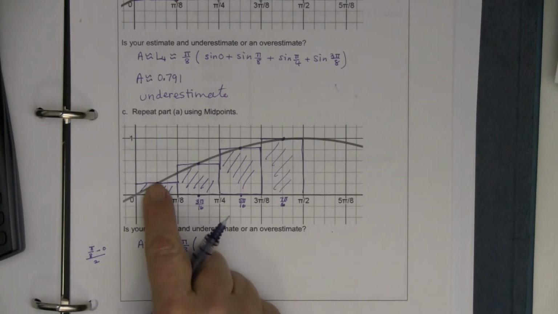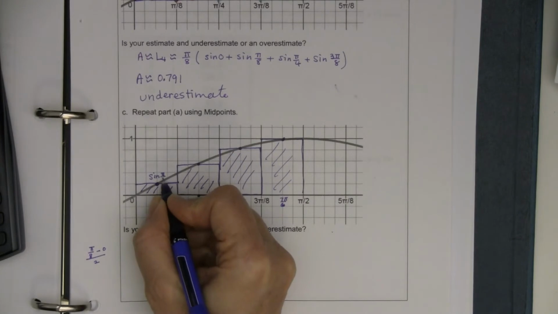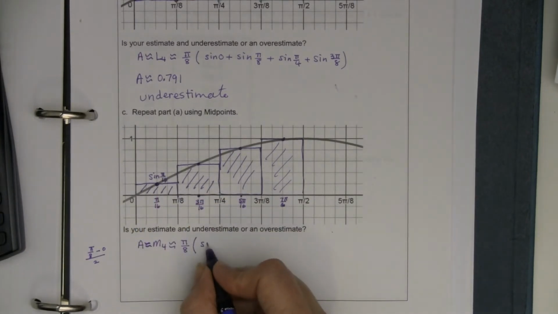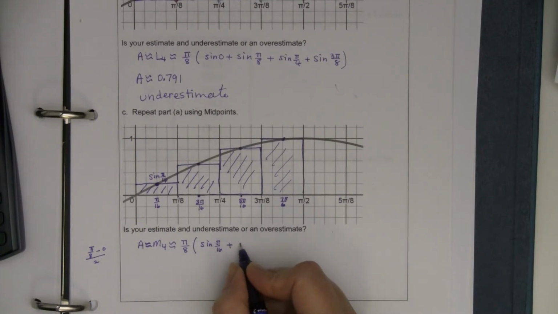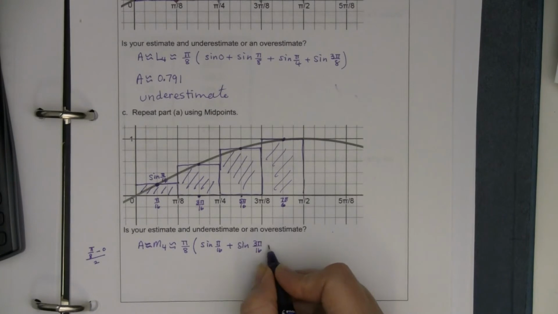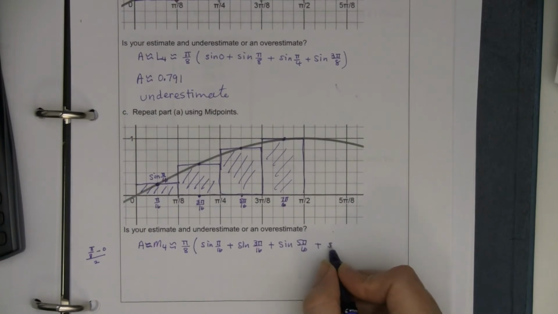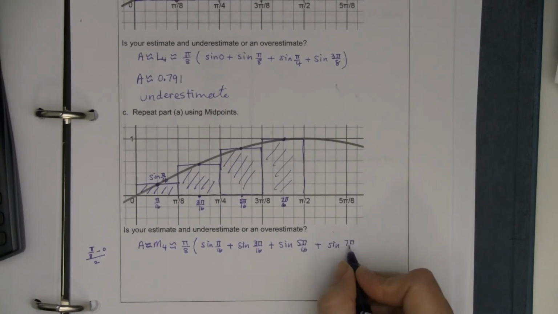So that would be sine of pi over 16, plus sine of 3 pi over 16, plus sine of 5 pi over 16, plus sine of 7 pi over 16.